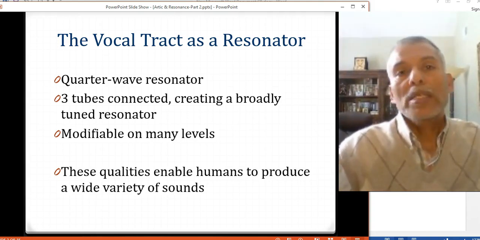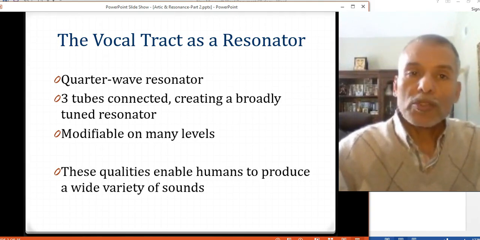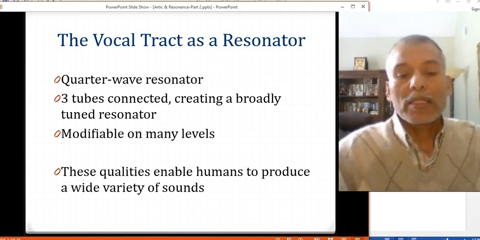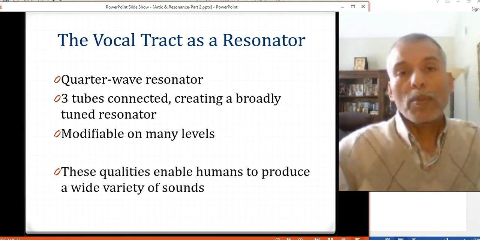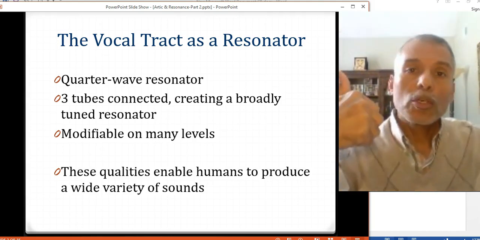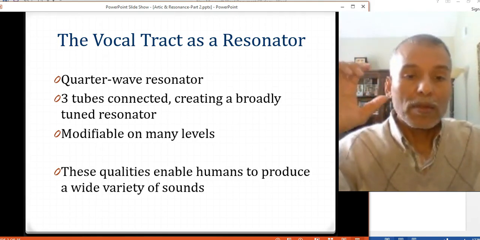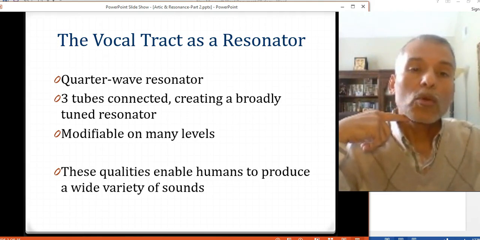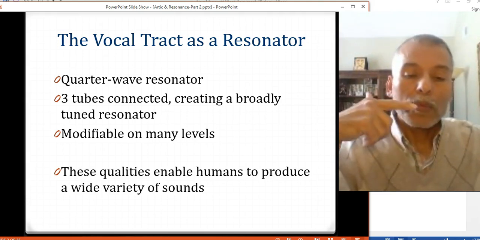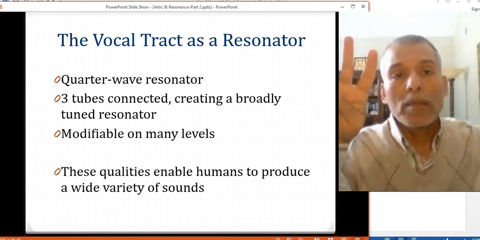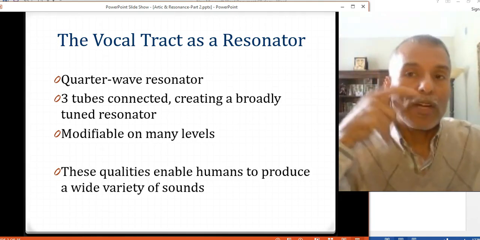These are the basic characteristics of the vocal tract that make it act as a filter, as a resonator that is able to amplify the buzz from the vocal folds. Number one, the vocal tract is a quarter wave resonator, and we understand this as meaning that the first resonant frequency occurs when the sound wave reaches 4 times the length of the vocal tract itself.